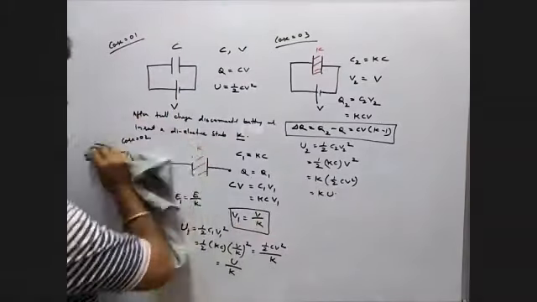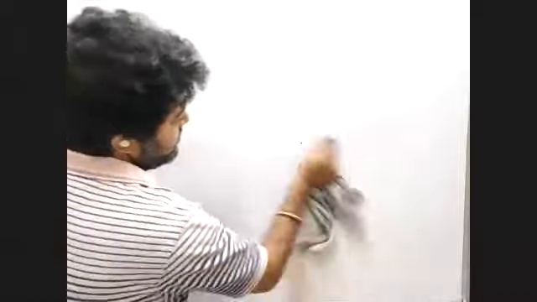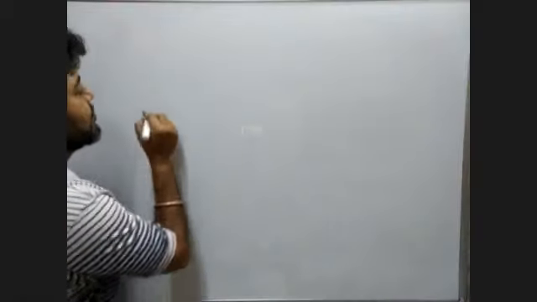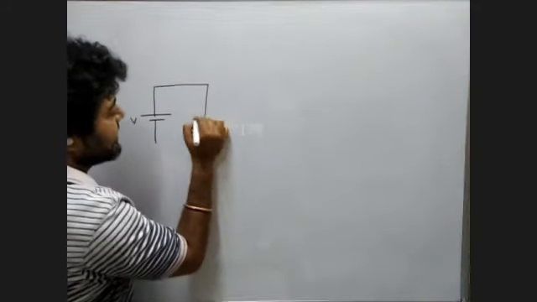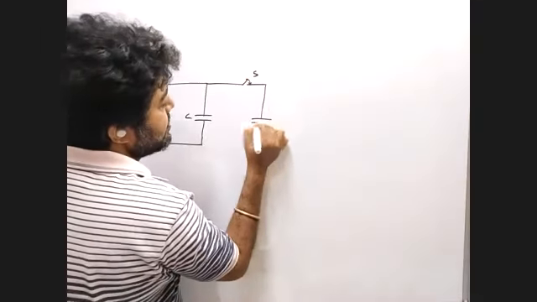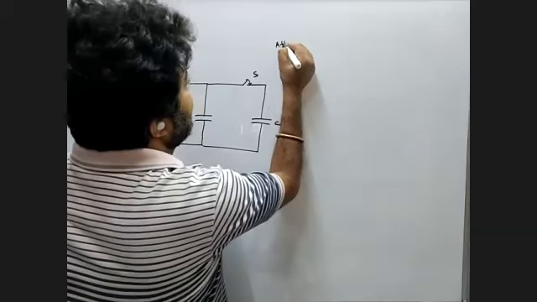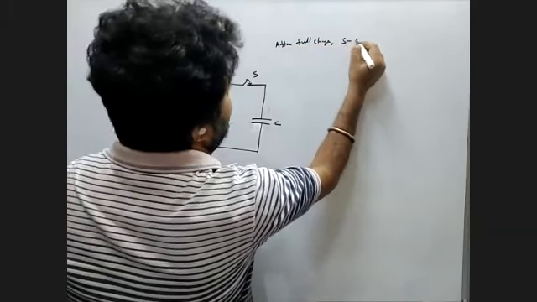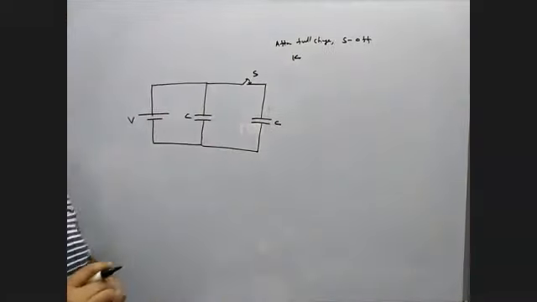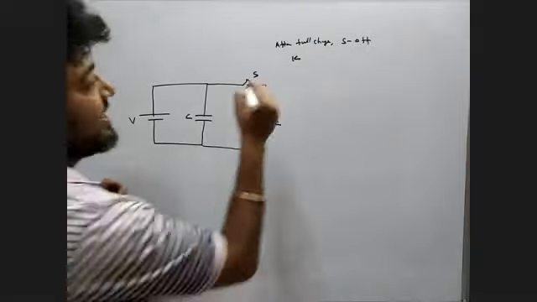Now let's try a numerical. Suppose you have a battery of voltage V connected with a capacitor C, and you have a switch which is initially on with another capacitor C. After full charge, switch off and insert a dielectric slab with dielectric constant K equals 4.